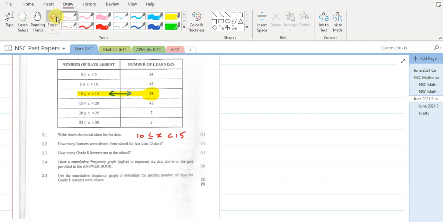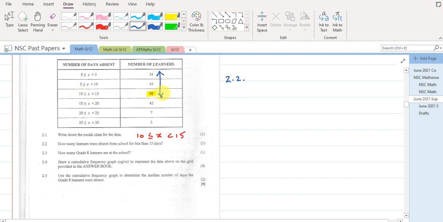Next one, that's 2.1 sorted out. 2.2, how many learners were absent from school for less than 15 days? Well, this is from 15 to 20, so less than 15 days will be from here to there.